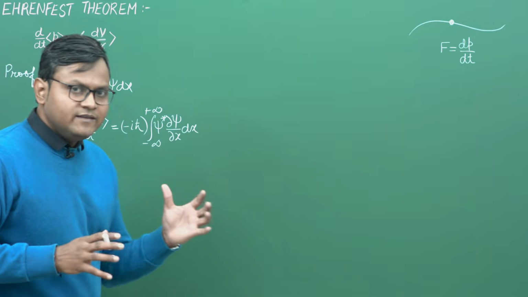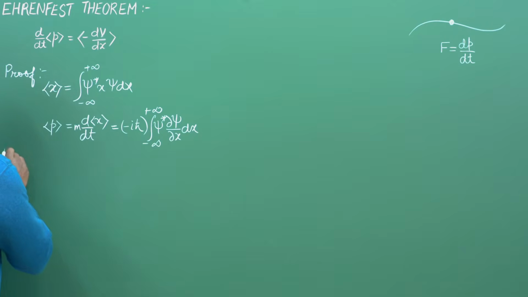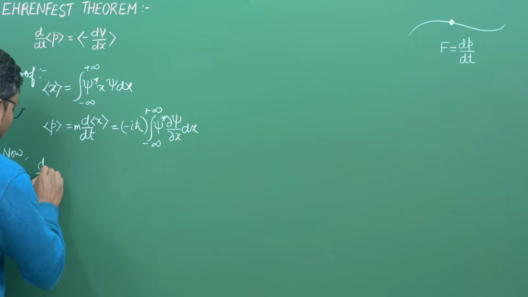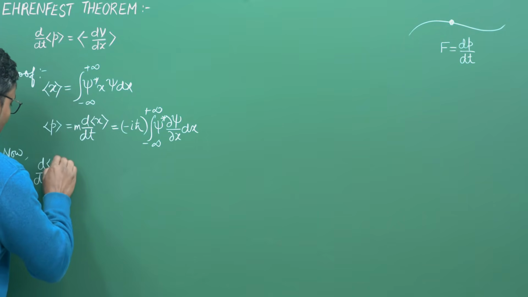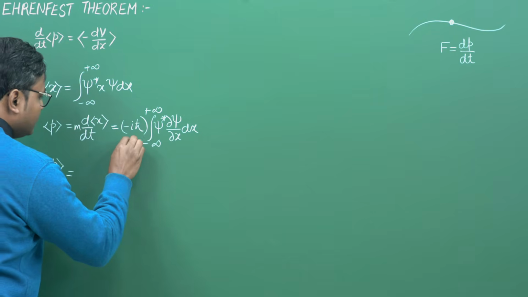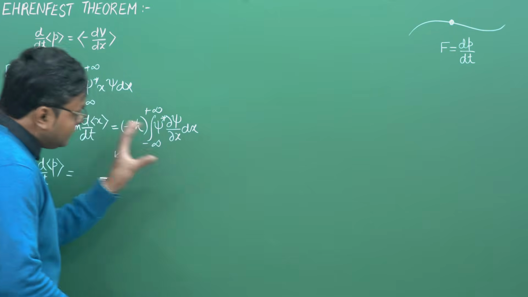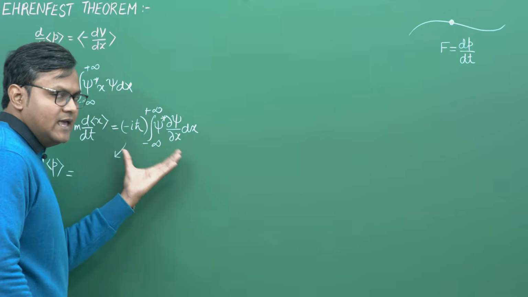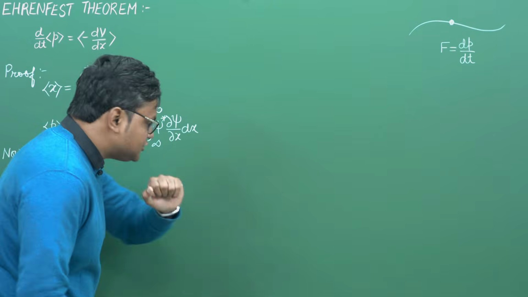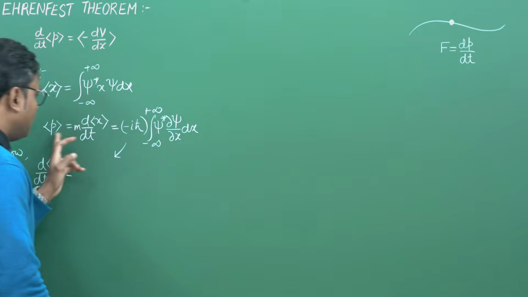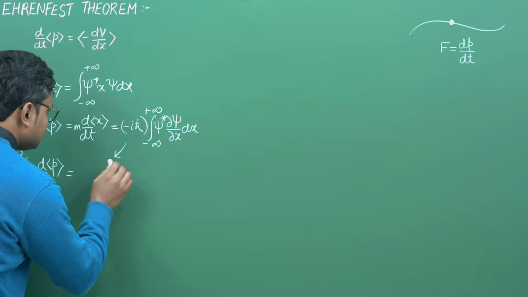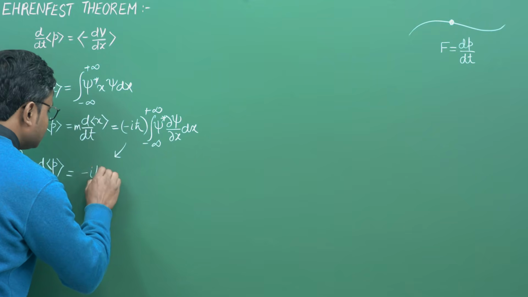Now here I am going to take the time derivative of the expectation value of momentum. So if I take the time derivative of the expectation value of momentum, I'll just use this particular expression here. Again, if you're not sure how this came about, you can check out my previous lecture that contains the derivation for this particular expression. So this comes out to be minus iota h cut, which is a constant.